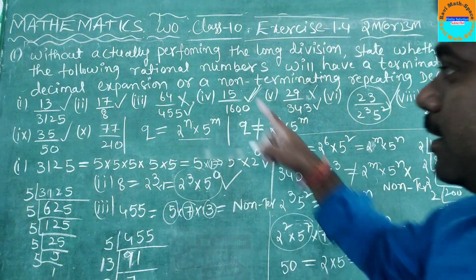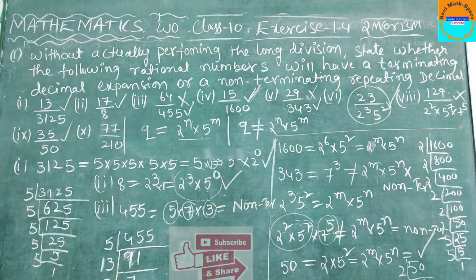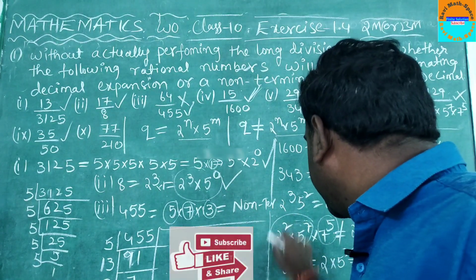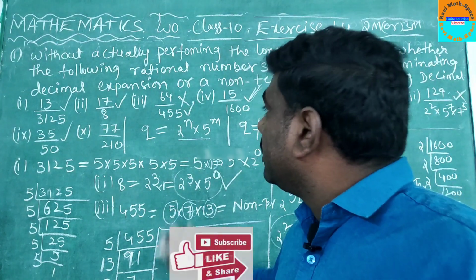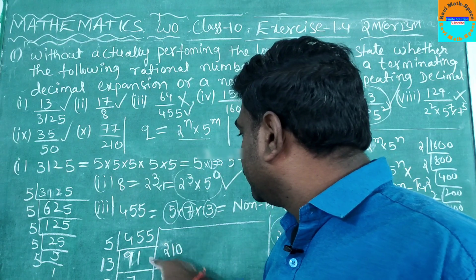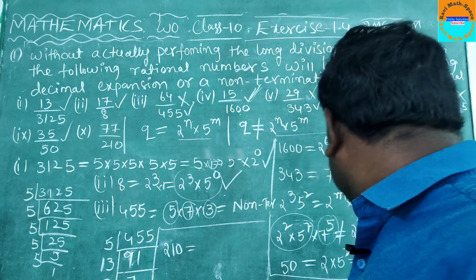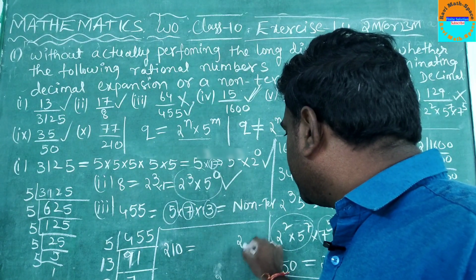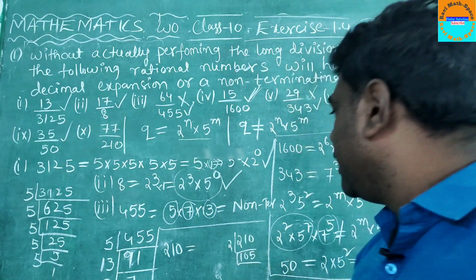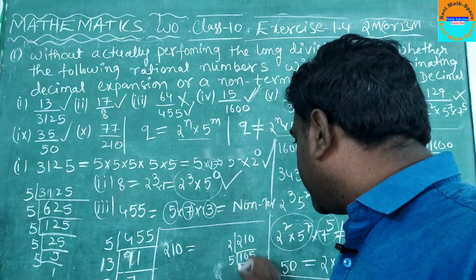Next one is the 10th one. What is the 10th denominator here? 210. Prime factorization of 210: 2 ones are 2, 5s. Again 5 is there, the ones digit is 5, 5 twos are 10, 5 ones.